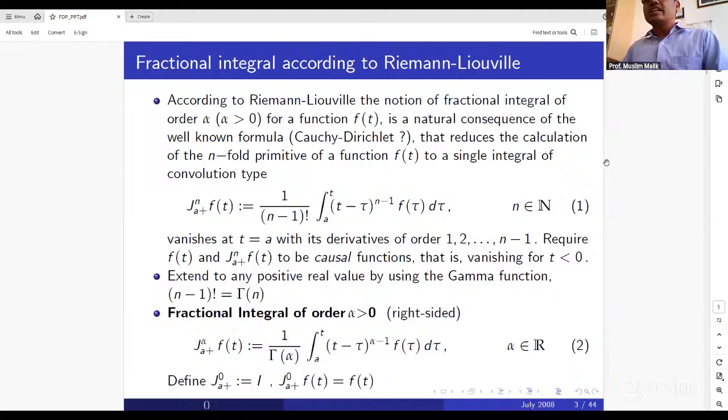In nature, if there is any system or model in which the dynamics change with respect to time, then the dynamics of that system can be written in the form of a mathematical model, and these models can be represented by differential equations. That may be an initial value problem, maybe a boundary value problem. So differential equations are very important because in our real life almost everything is changing with respect to time.